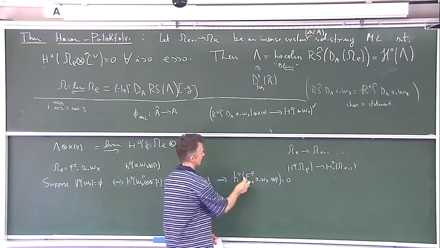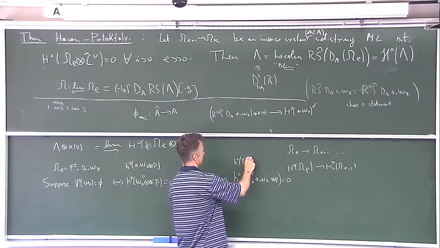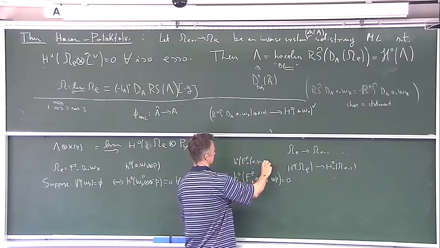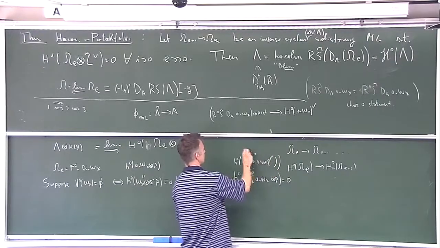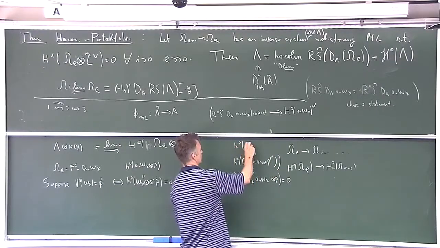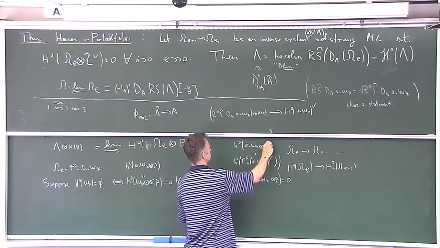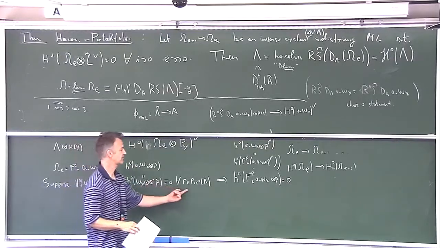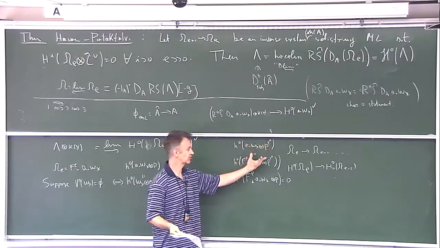Why is that? Because just like in the computation before, this is the same as H0 F E lower star A lower star omega x tensor P to the E, and so that's the same as H0 A lower star omega x tensor P to the E. And these are 0 for every P in Pic 0 of A, and P to some power is still in Pic 0 of A, so that's still 0.